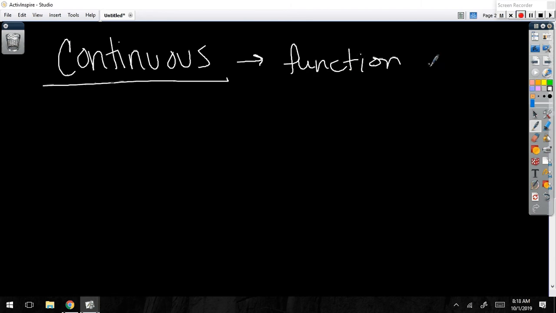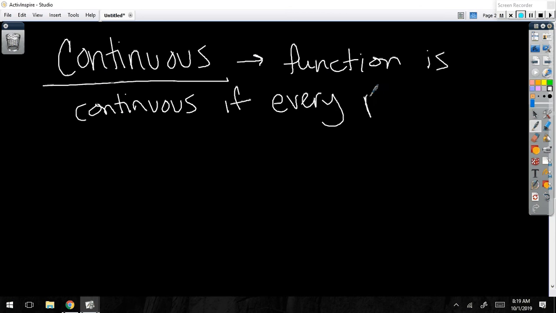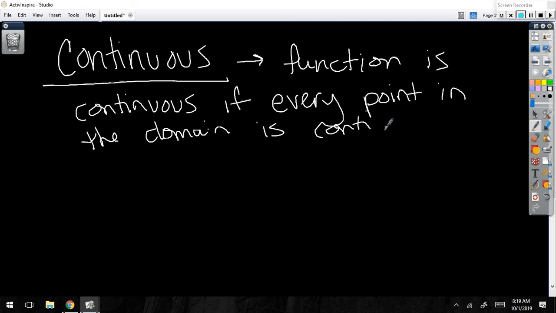Remember before, we were just talking about how we draw it and what it looks like. Now we're going to say that it's continuous if every point in the domain is continuous. Now, I want you to think about that for just a second and what that means.